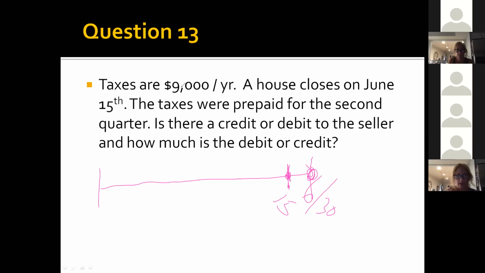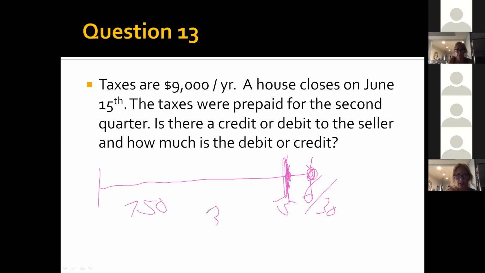So the taxes are $9,000 a year. If we take $9,000 a year and divide it by the month, 9,000 divided by 12, that's $750 a month. And what happened was they closed on the 15th.